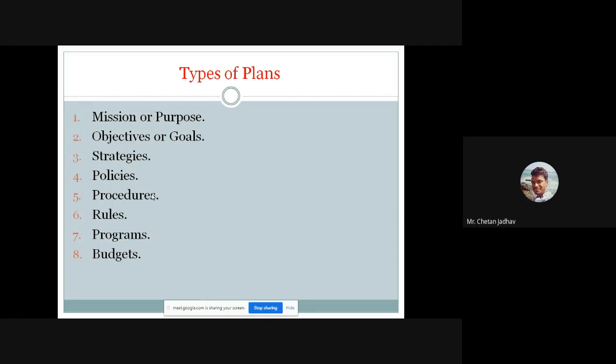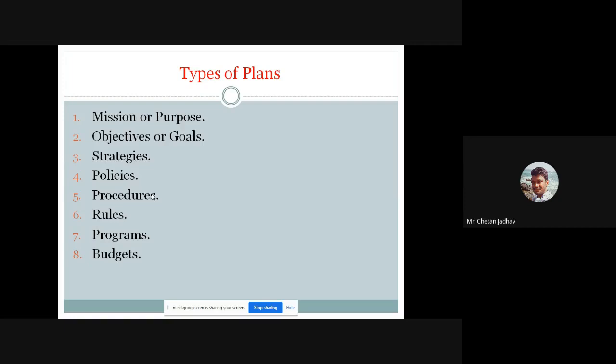Suppose you are going to make a small scale industry for small scale production, your basic mission or purpose would be achieving profit and achieving a name in the market. That type of planning you have to do at your organization level.